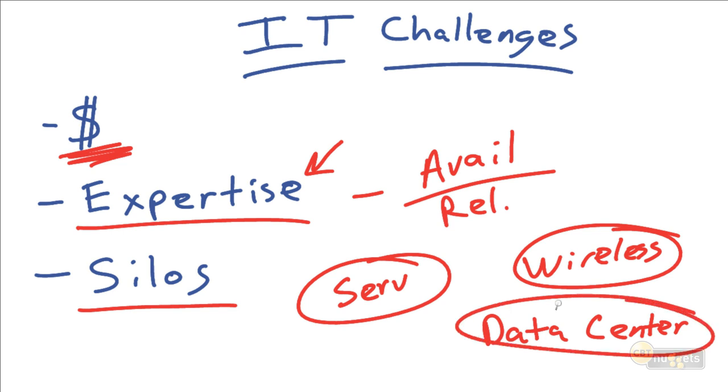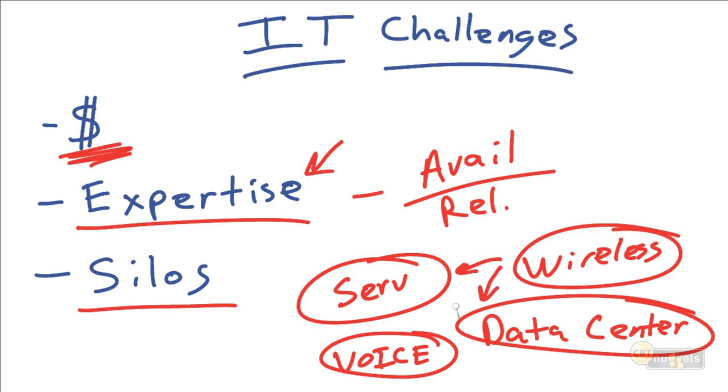And the people in the data center have no idea what's going on with the voice over IP people. So your information technology department can become really siloed. And what we want instead, of course, is for all of these groups to be able to work together very well in order to accommodate the business needs of the organization.